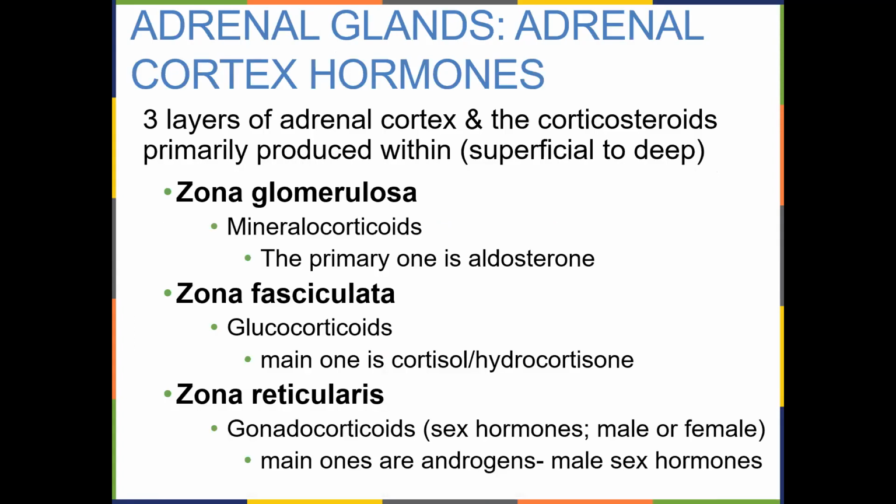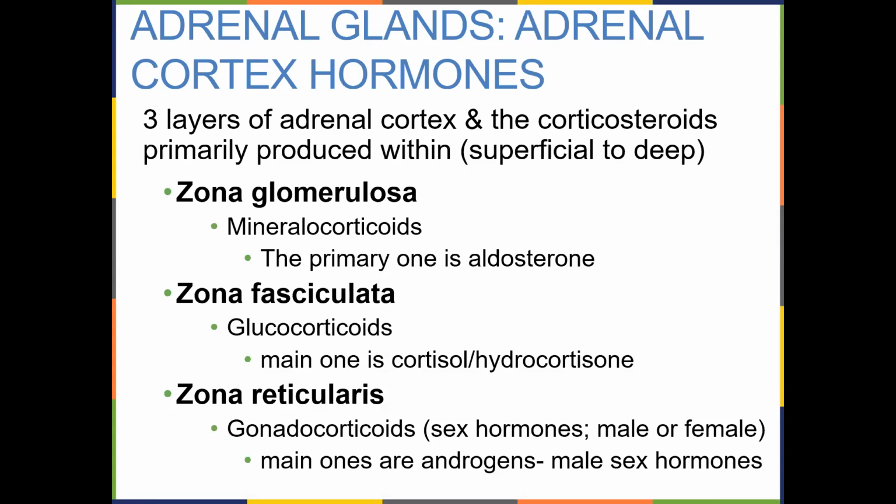Okay. The three layers in the adrenal cortex produce what are known as corticosteroids, because cortico for cortex. They are steroid-based hormones, which means that they can slide right into the cells very easily. They're all based off of cholesterol as far as their structure goes. We have three layers.